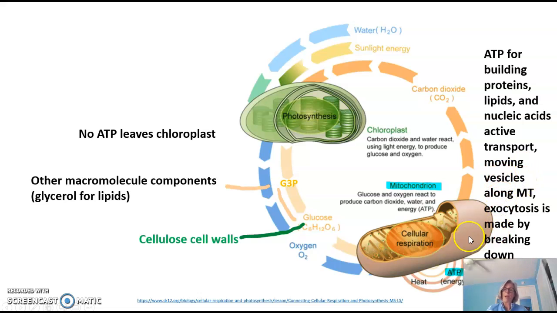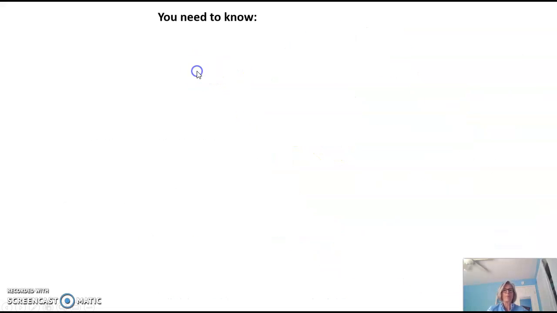They have to be done by breaking down the glucose that was made by photosynthesis. So that's why plants need mitochondria: photosynthesis only makes enough ATP to make the Calvin cycle run. It doesn't make enough ATP to do these housekeeping reactions.